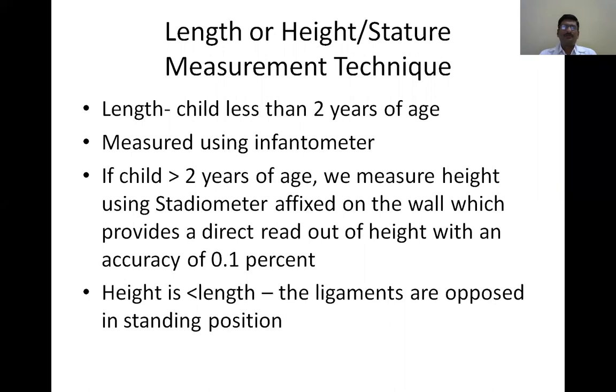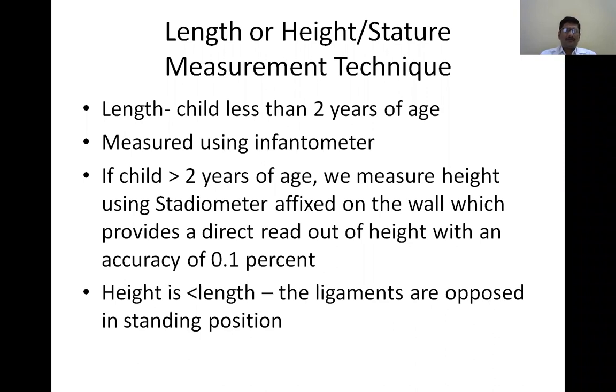In those cases, we use an instrument called an infantometer. I'll show you the picture in the next plate. For a child of age more than 2 years, we measure height using a stadiometer, which is fixed to the wall and provides a direct reading of height with an accuracy of 0.1%.